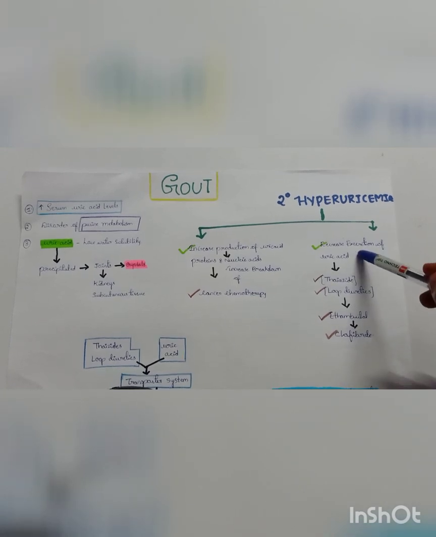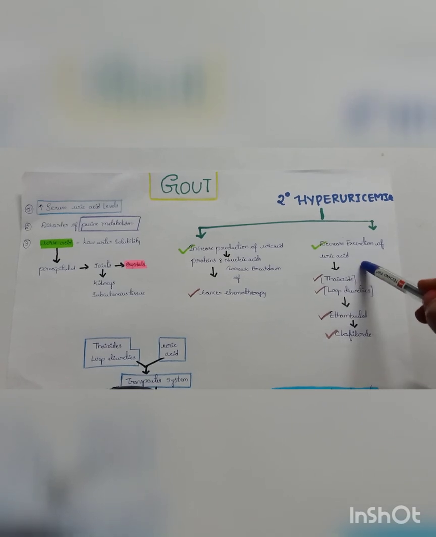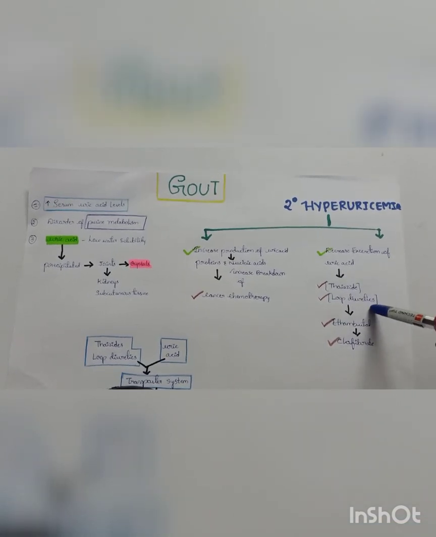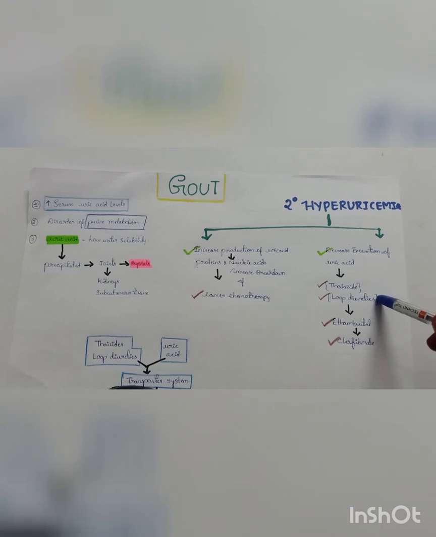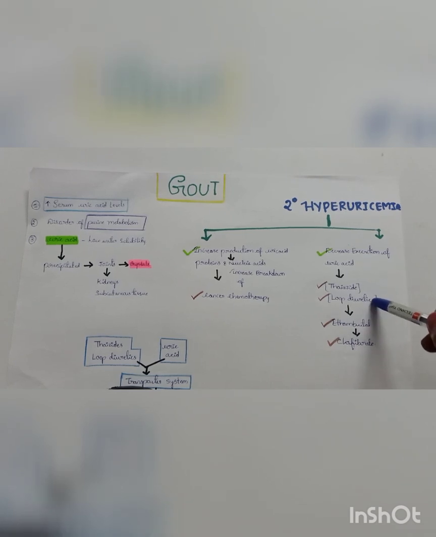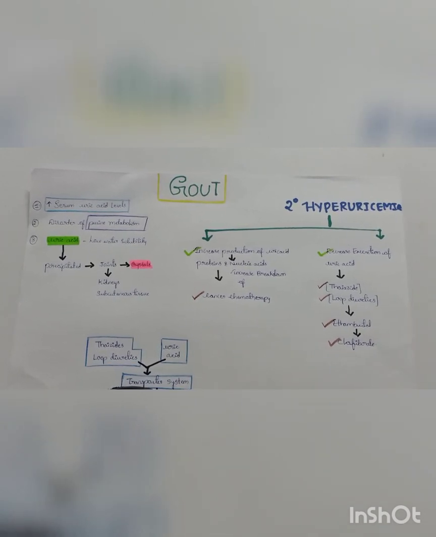Now let's see in what clinical conditions we can see decreased excretion of uric acid. Due to the usage of thiazide diuretics or loop diuretics, these diuretics get secreted in the proximal convoluted tubule through the same transport system through which uric acid is also secreted into the tubule and excreted out.